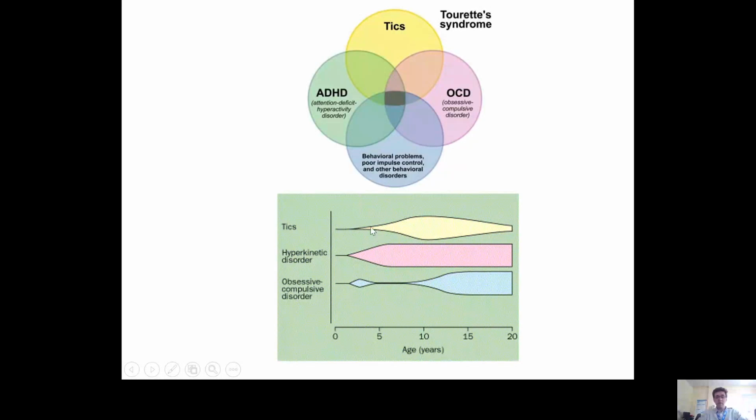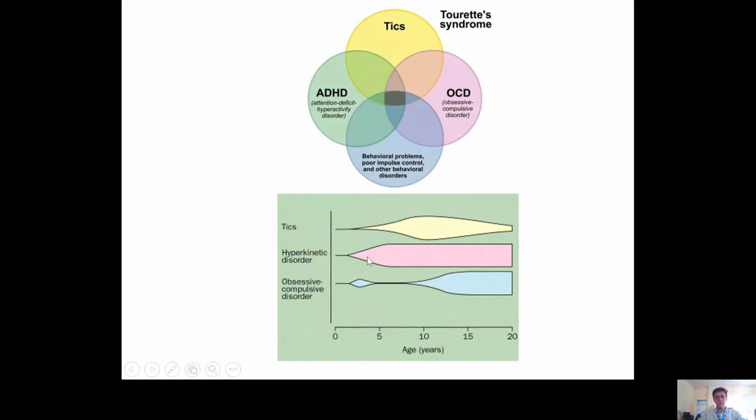So if we take the top one, tics tend to originate around the age of 6 or 7. They have a natural history where they will get worse, commonly by age 11 or 12, and they will tend to diminish during adolescence to the point where young people reaching early adulthood may well be free of these difficulties, these movement or vocalization problems.